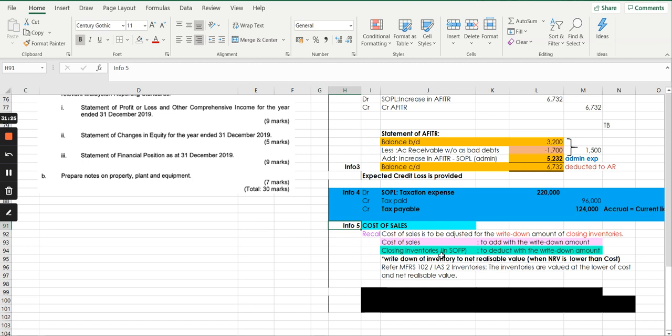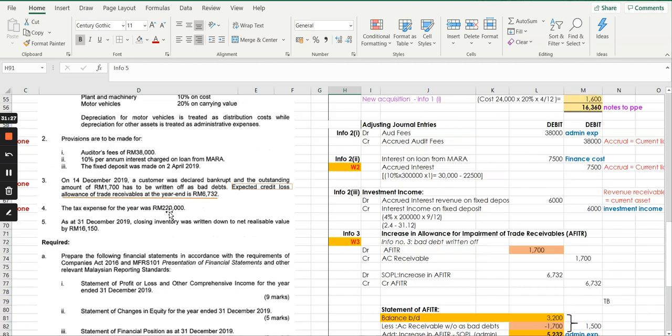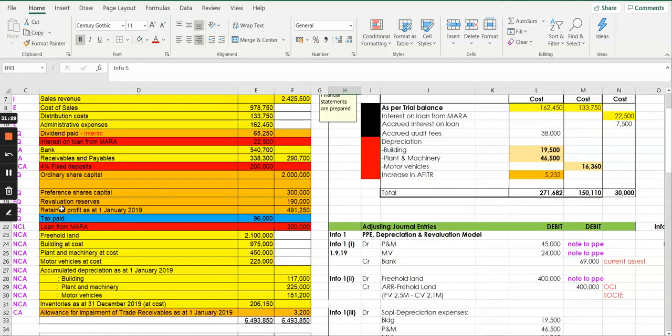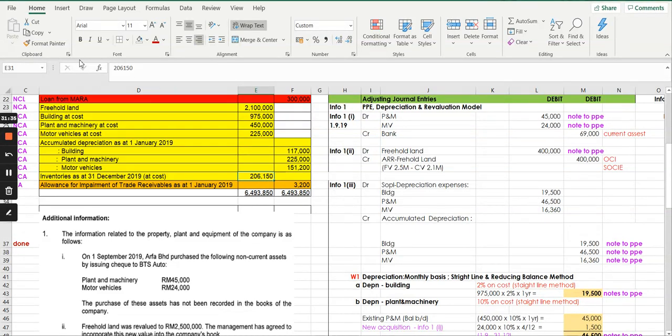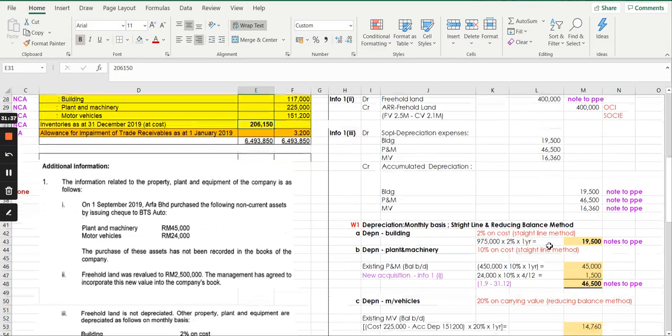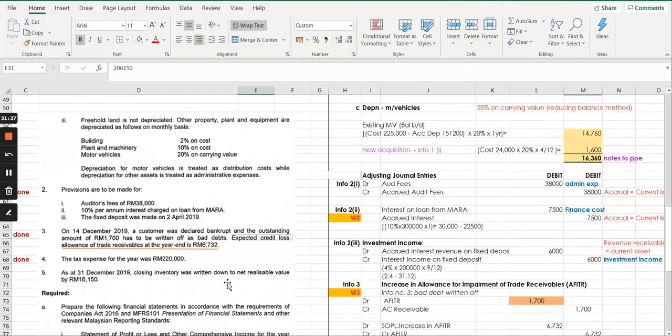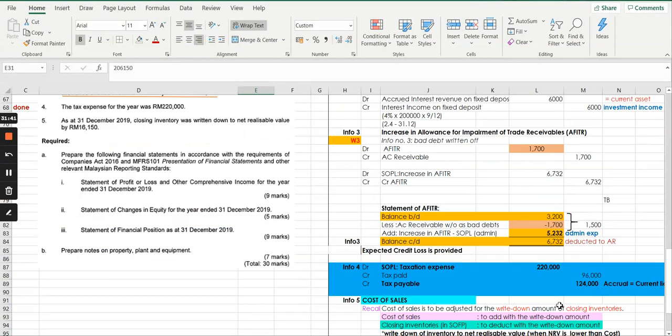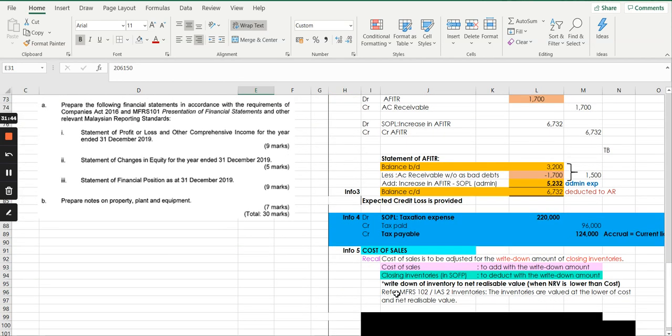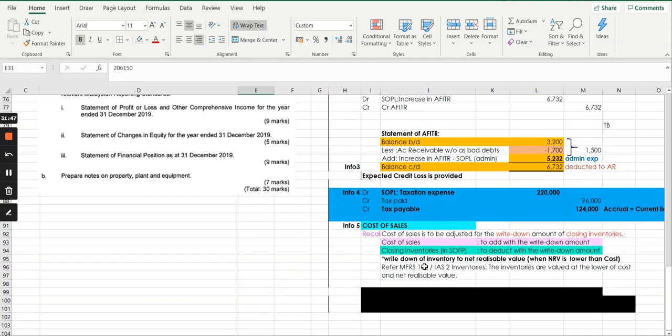The closing inventories here are at cost in the trial balance. This 206,150 has to be written down by 16,150. If you have to write down, it means your inventory needs to be restated at the net realizable value.